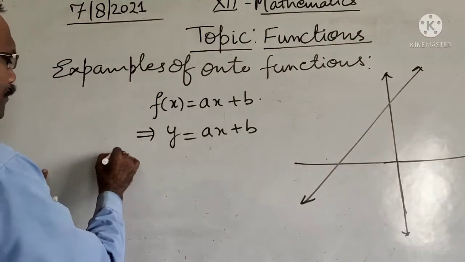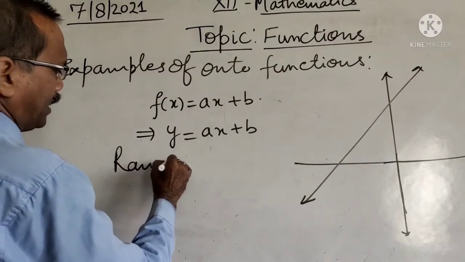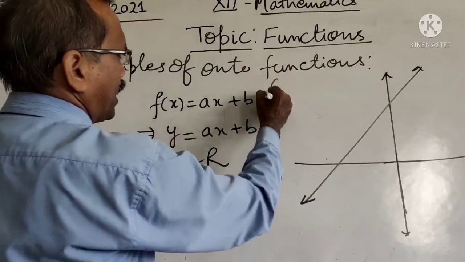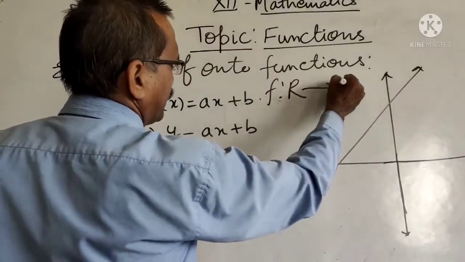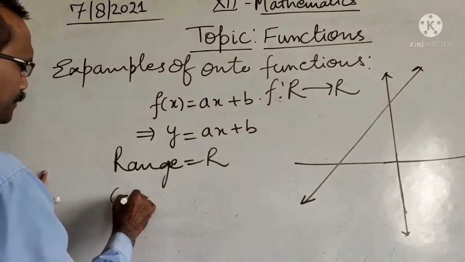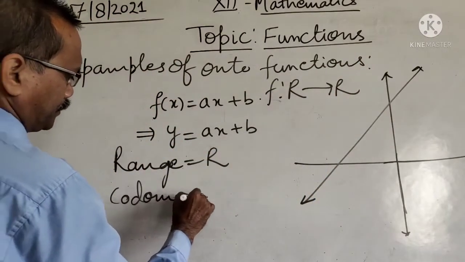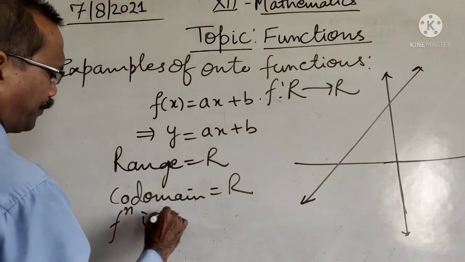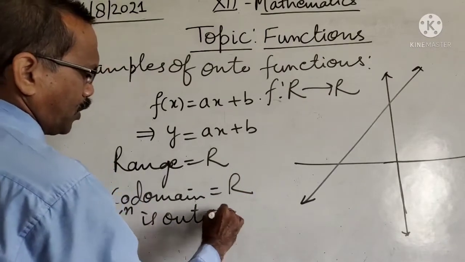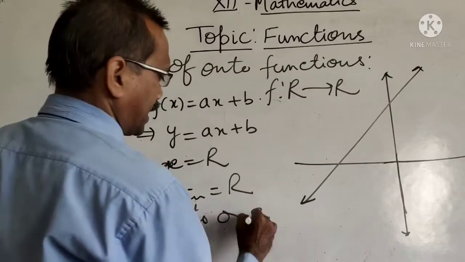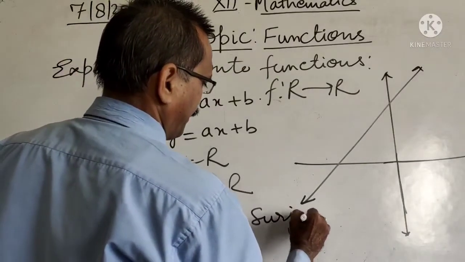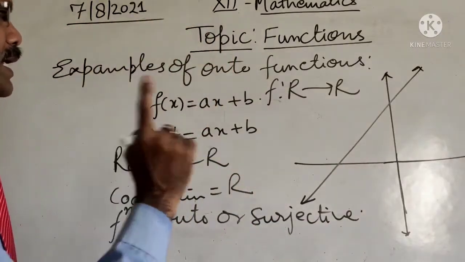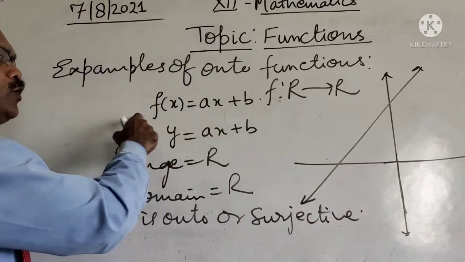So its range is R, codomain is also R, the function is onto or surjective. We can say every linear function is an onto function.